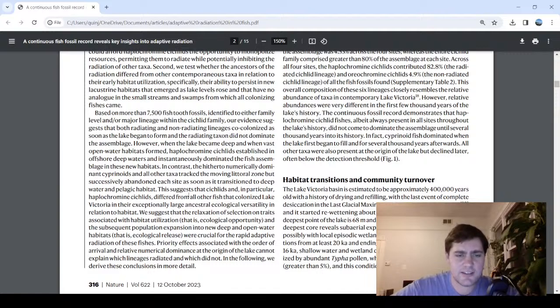Priority effects associated with the order of arrival and the relative numerical dominance at the origin of the lake cannot explain which lineages radiated and which did not. In the following, we derive these conclusions in more detail.